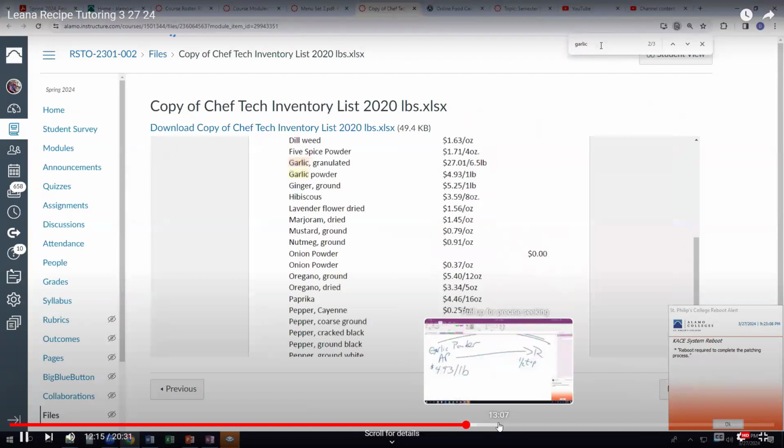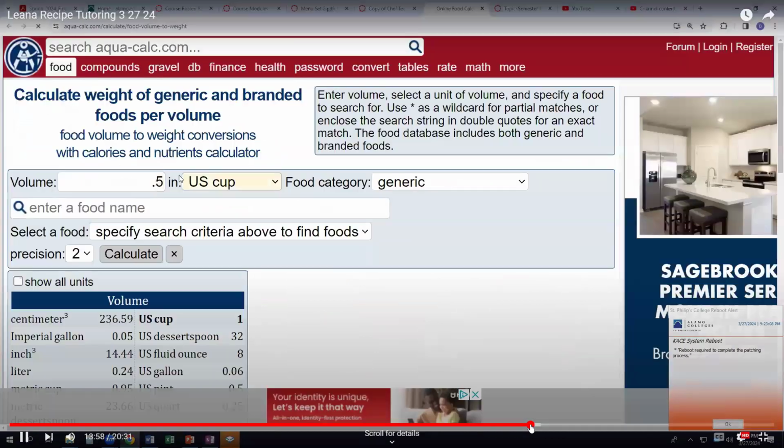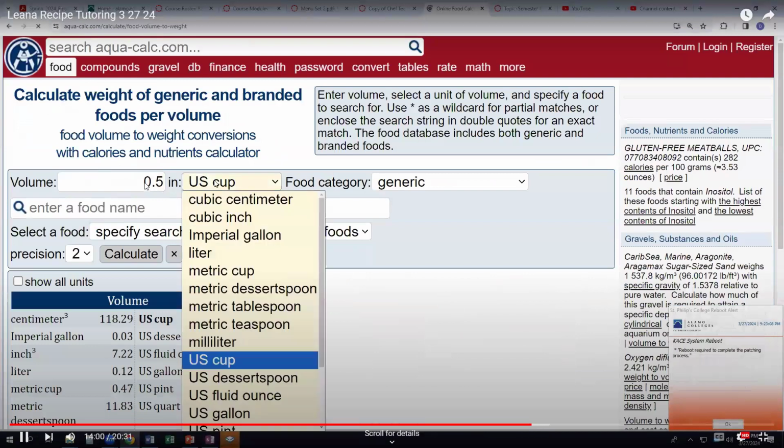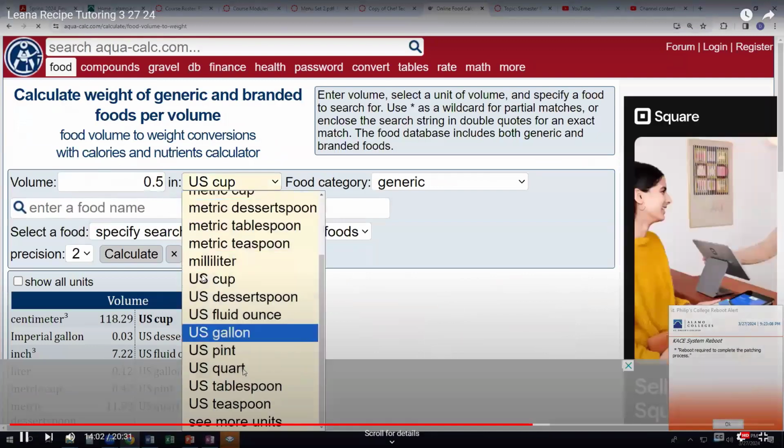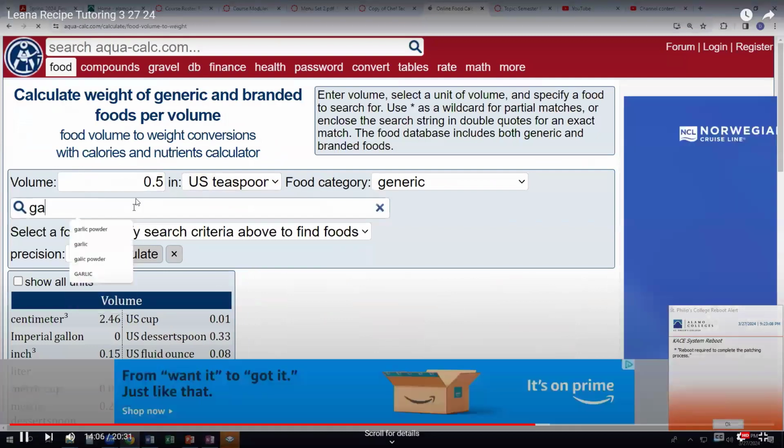All right, so it looks like we went into garlic. We need half a teaspoon. It's 493 per pound. Teaspoon and pounds do not match. And teaspoon is a volume measurement. So that's why we have to use our volume to weight conversion. So half a teaspoon, 0.5 teaspoons, and then we're going to type in garlic.